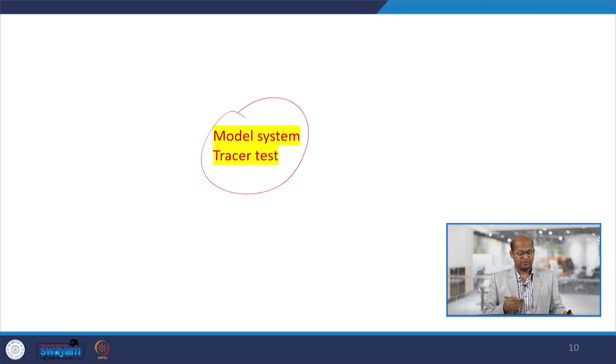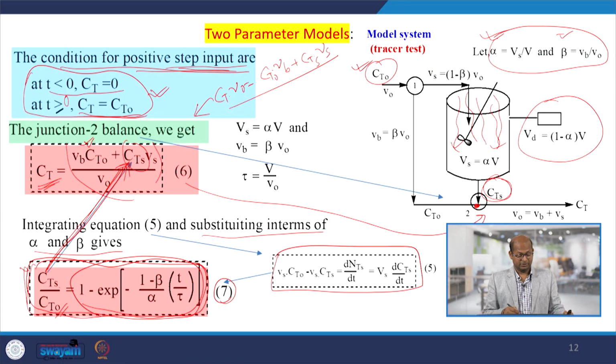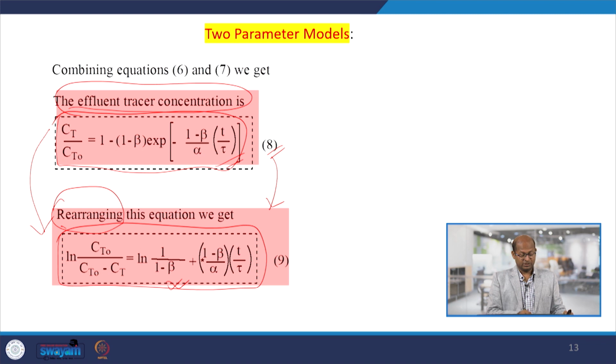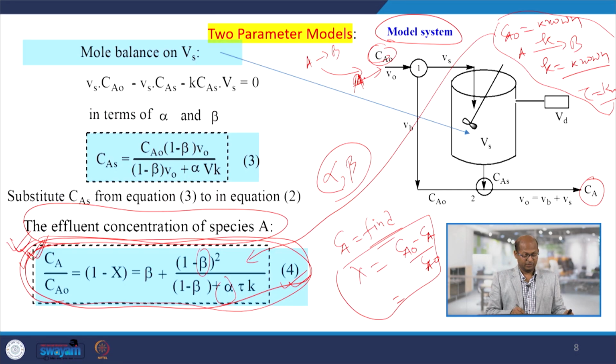Okay. So, in terms of alpha and beta we developed equation 4 for the reactions. Similarly, once we do the tracer test in the same reactor, in the model system, there also we did the material balance in the systems and at the junctions, and by that way we developed some equations, equation 9 perhaps. So, from the tracer test in our model system we developed these equations, and from the reactions we developed equation 4.